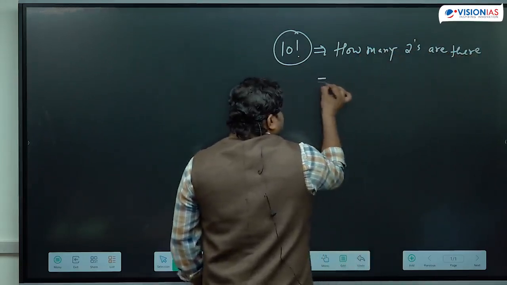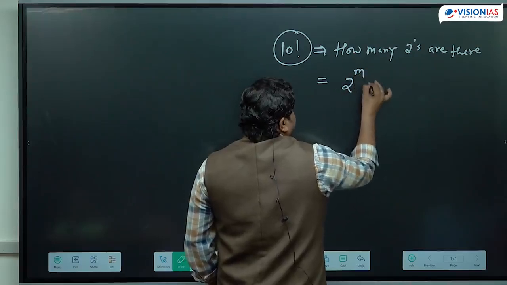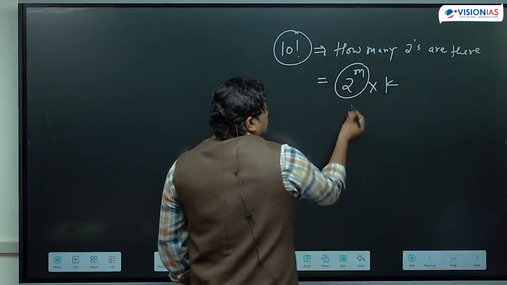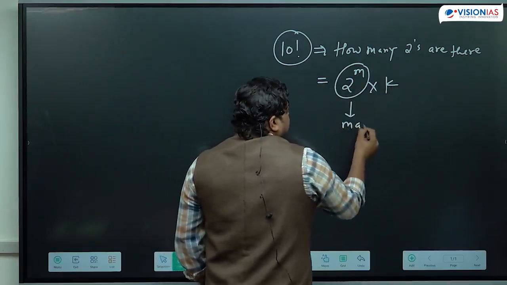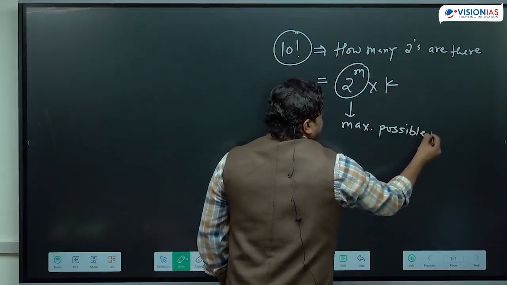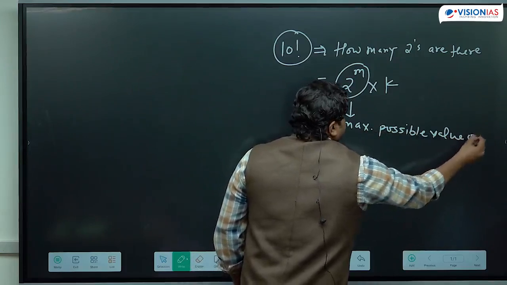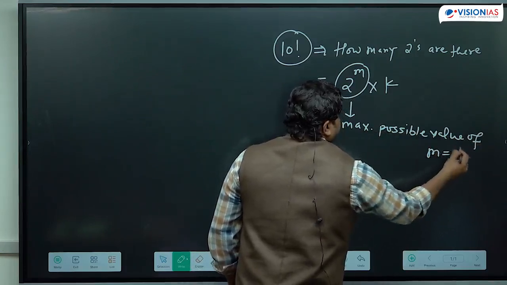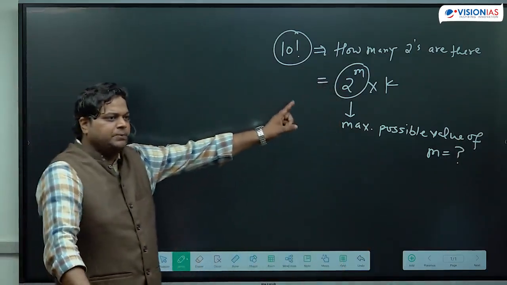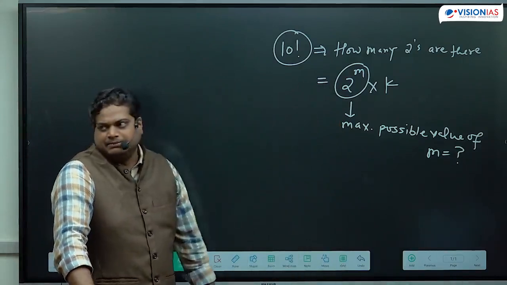Or they can write this way कि 2 के पावर m into k. What can be the maximum possible value of m? Both are same questions. Basically they are asking how many times 2s are coming, maximum number of times.